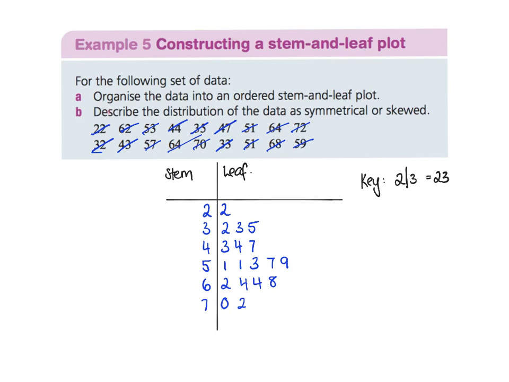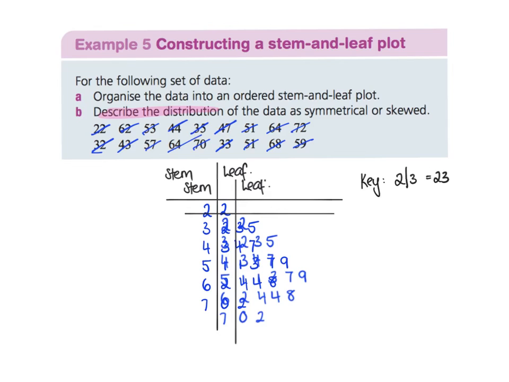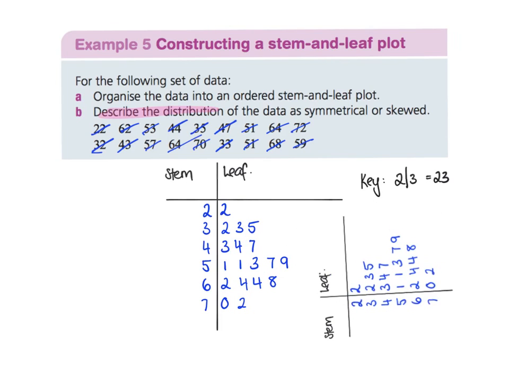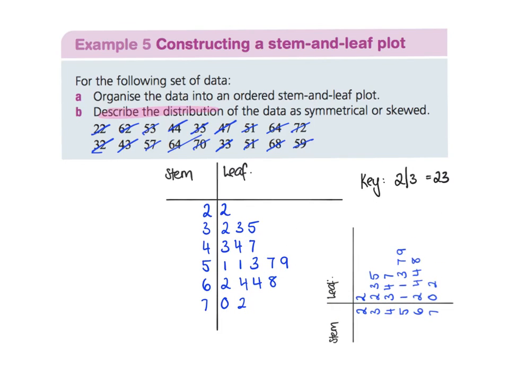Okay, so boys, it's asked us to describe the distribution. If we go to look at the shape, so just going to show you again, if I moved this one and flipped it, okay, that's like a histogram. So if we look at the shape of this thing, what do you think it sort of looks like? Yeah, I would say that one is symmetric.